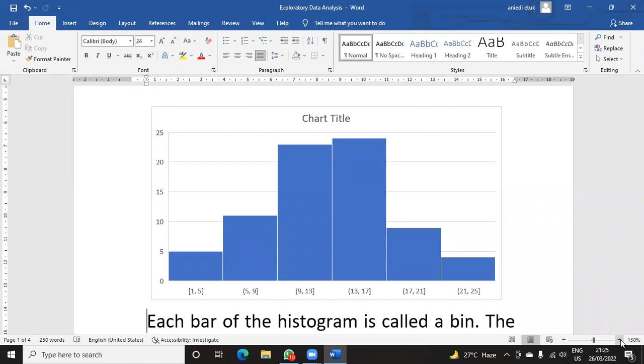Each of them has four units in between, because between 1 and 5, 5 minus 1 is 4, 9 minus 5 is 4. So the ranges are 4 units. So this is a typical histogram.